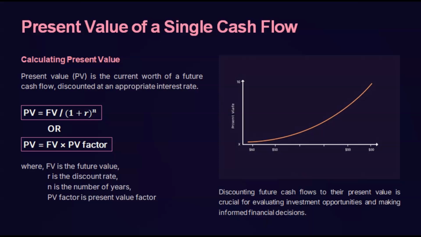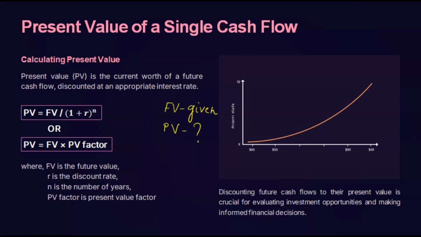Now the method is about finding present value. In these methods, future value is already given to us and we have to calculate present value. Earlier present value was given and future value we needed to find out. Now future value is given, present value we need to find out.